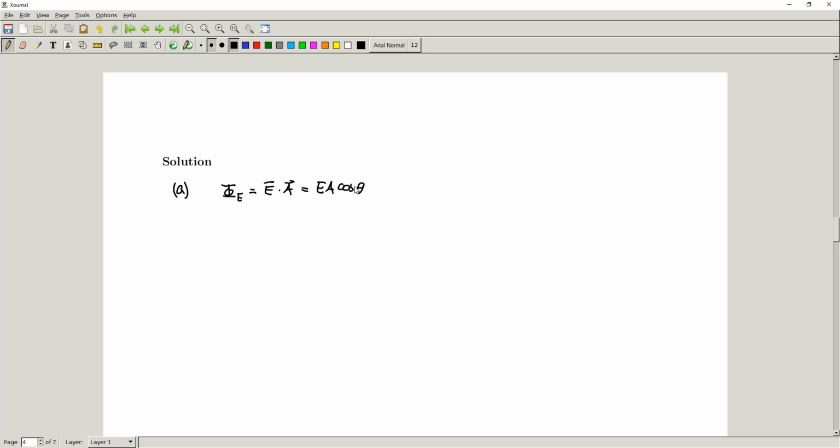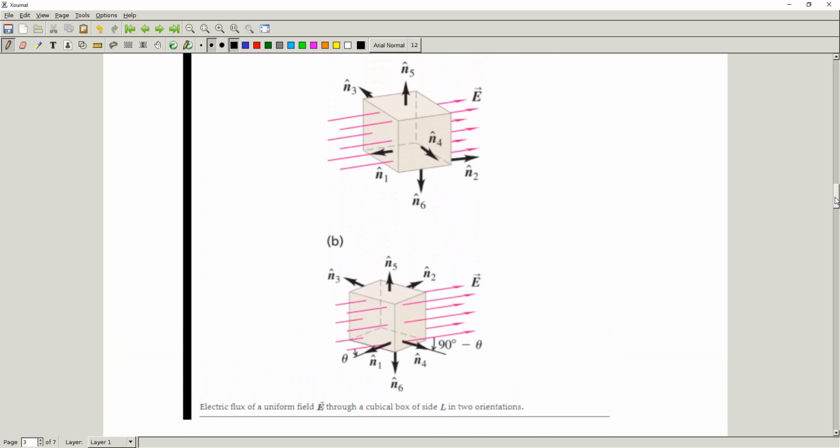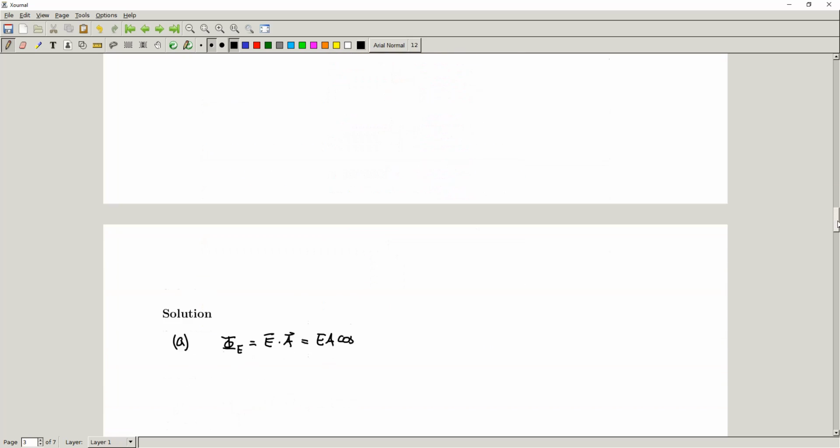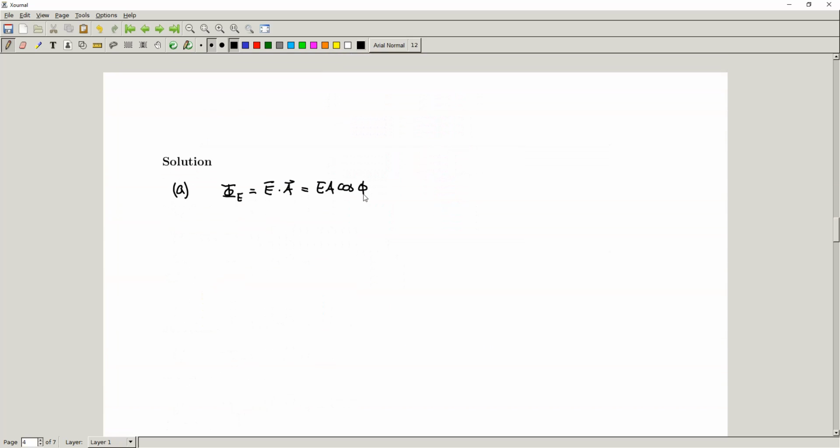And so let's remember that this phi is the angle between our electric field and our area vector, depending on which face we're looking at, right?